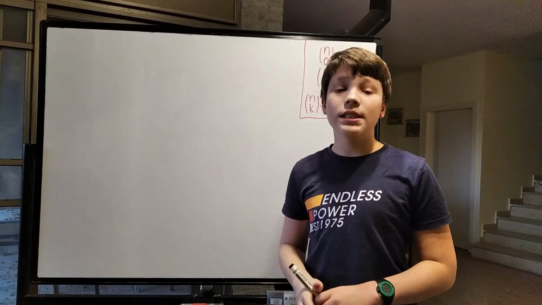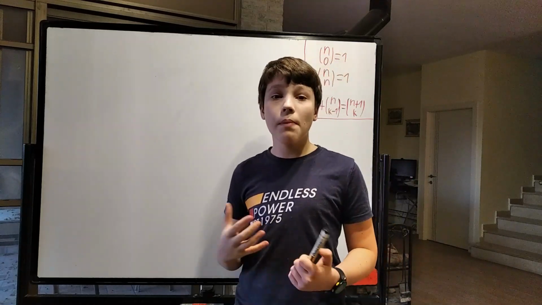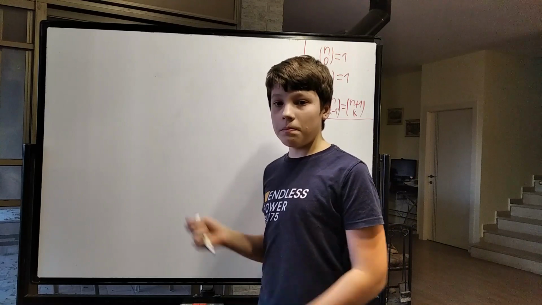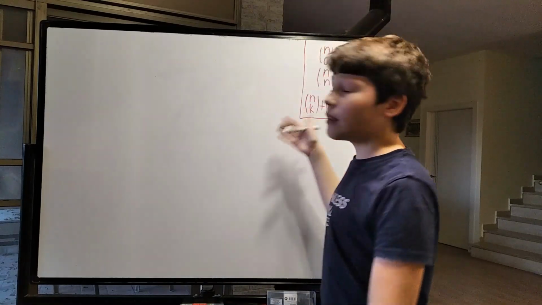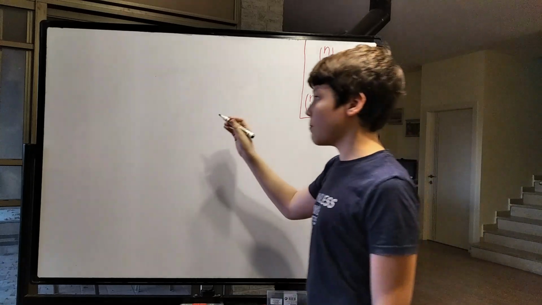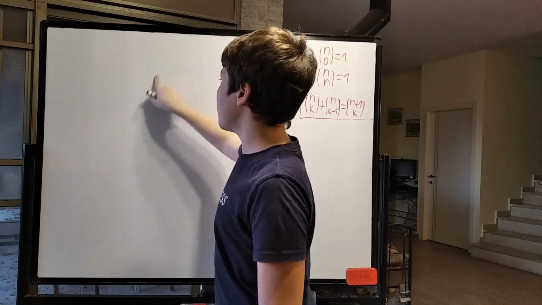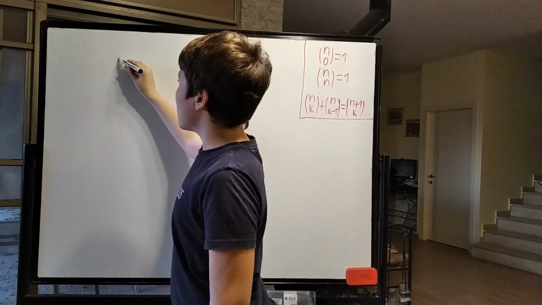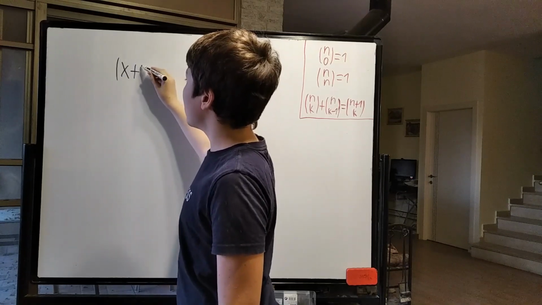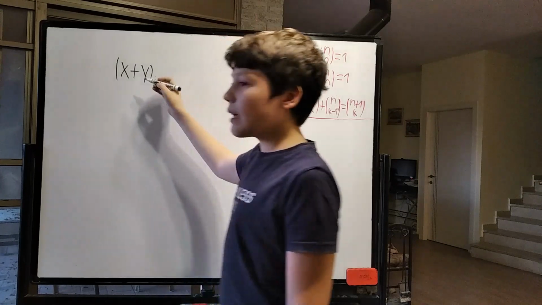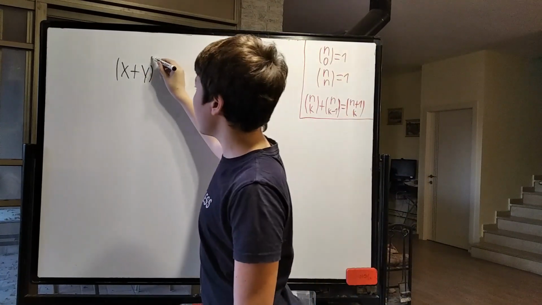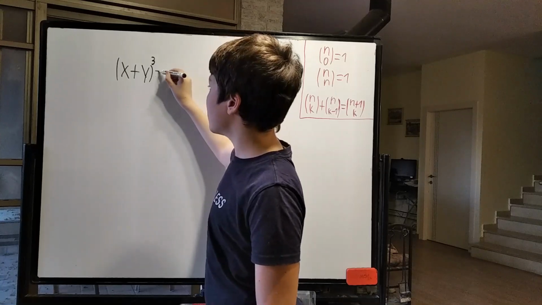So now let's actually talk about what the binomial coefficients are, and later we're going to prove how they relate to the choose function. So it goes like this. You want to expand something like x plus y, say, cubed.